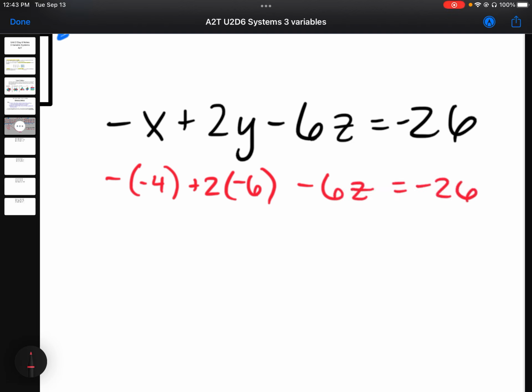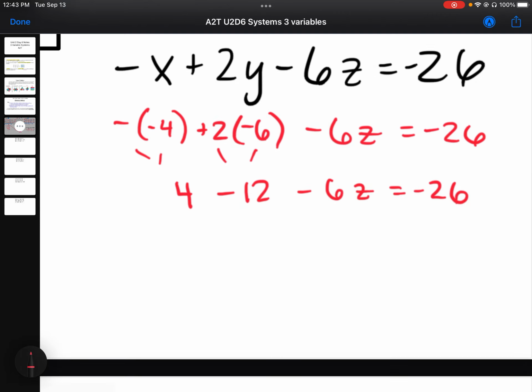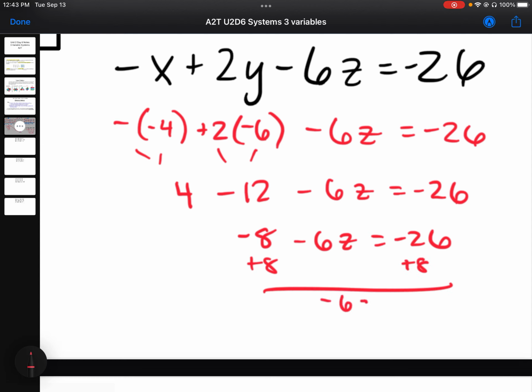Order of operations, negative 1 times negative 4 is 4. 2 times negative 6 is negative 12, minus 6z equals negative 26. 4 minus 12 is negative 8, minus 6z equals negative 26. Add 8 to both sides. Divide by negative 6. So z is 3.